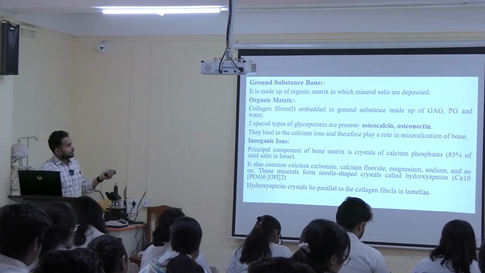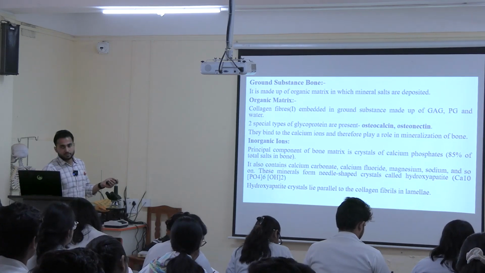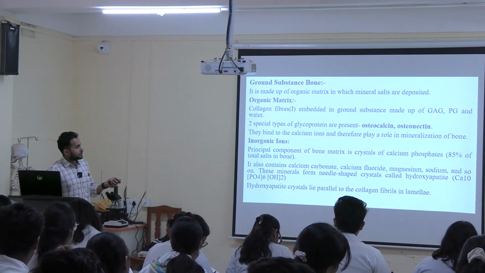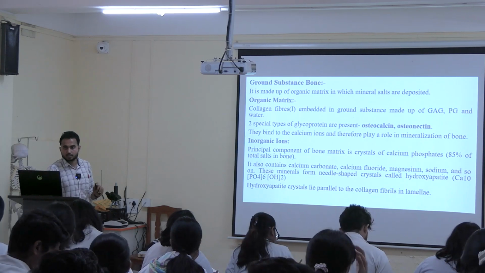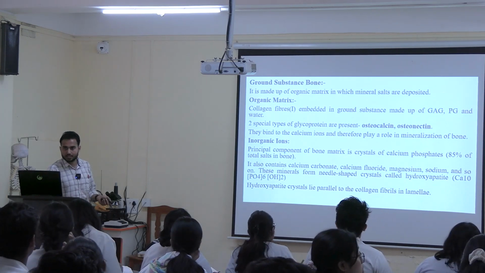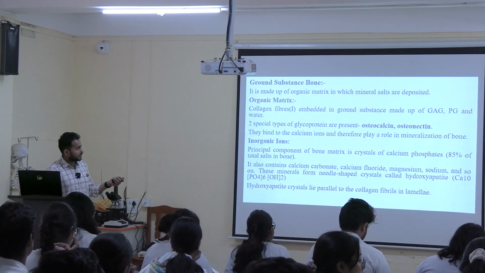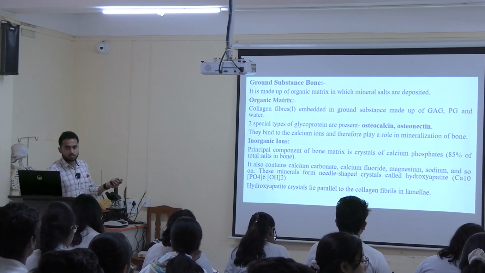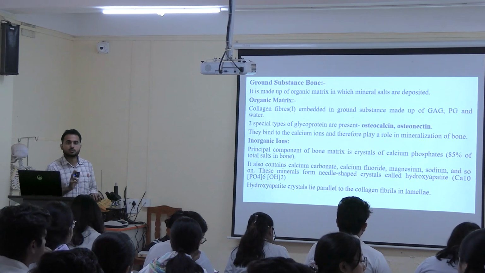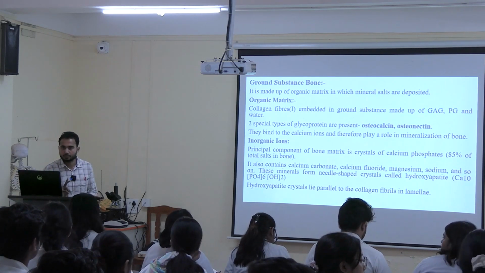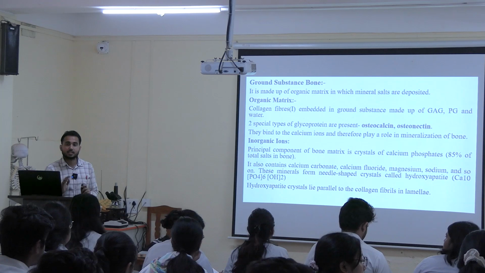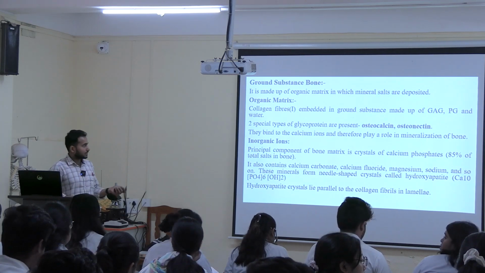Now, in the organic part, what are present? First of all, collagen fibers are there, and along with that, it is made up of GAG and PG, that means glycosaminoglycans and proteoglycans. Two special types of glycoproteins are there: osteocalcin and osteonectin. They have a very important function.